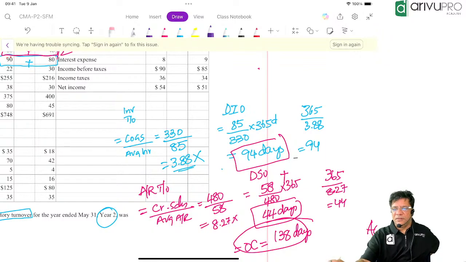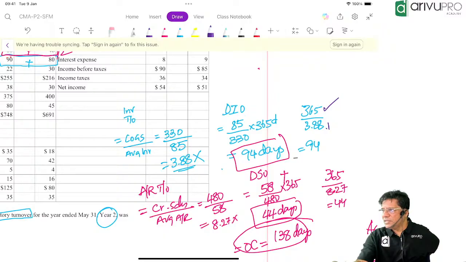Now, look at this denominator. This denominator 365 we cannot change. I want to reduce 94. Now, denominator I should increase or decrease? Tell me. I want to reduce 94 days, correct? 365 numerator I cannot change.